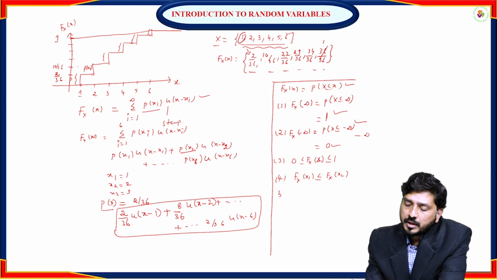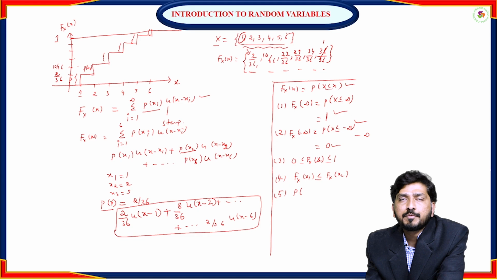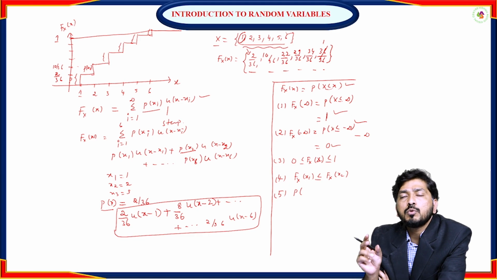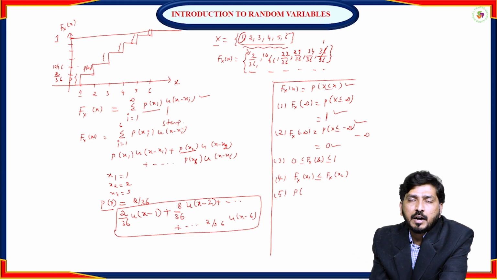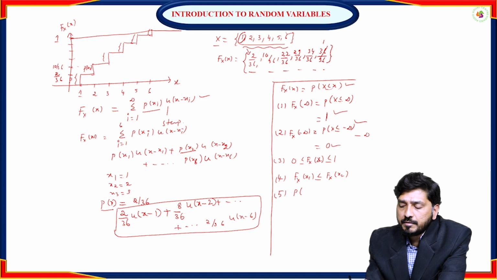The fifth property is about probability. If you want to find the probability between two elements of the random variable, we can have x1 less than capital X less than or equal to x2. The formula for this is Fx of x2 minus Fx of x1.